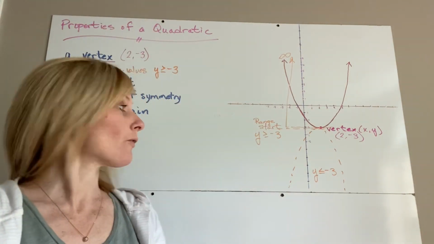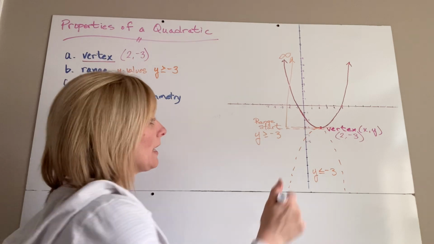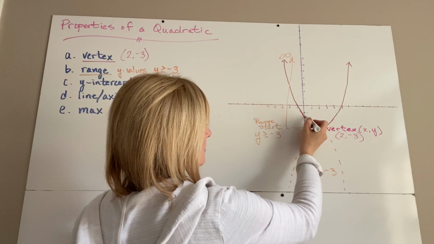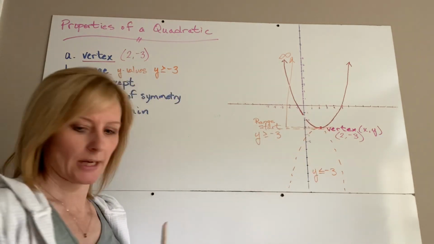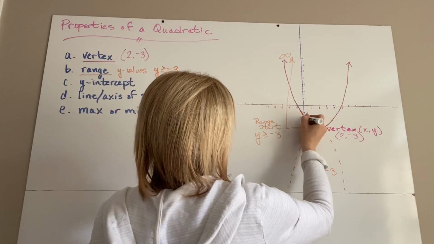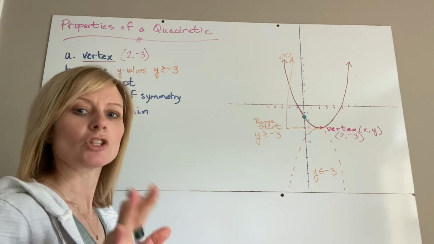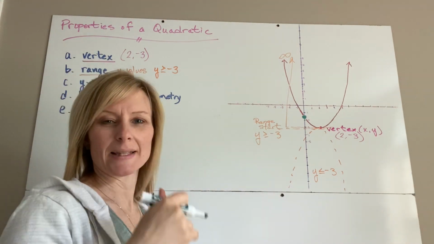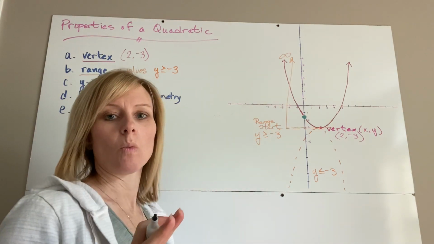For the y-intercept on our graph, let's take a look. Ooh, that marker's dead. All right, let's try a different one. It's crossing at maybe -1.5. Just do your best to guesstimate. We will get into the exactness of it later, but right now we're just looking at, do we know what a y-intercept is?